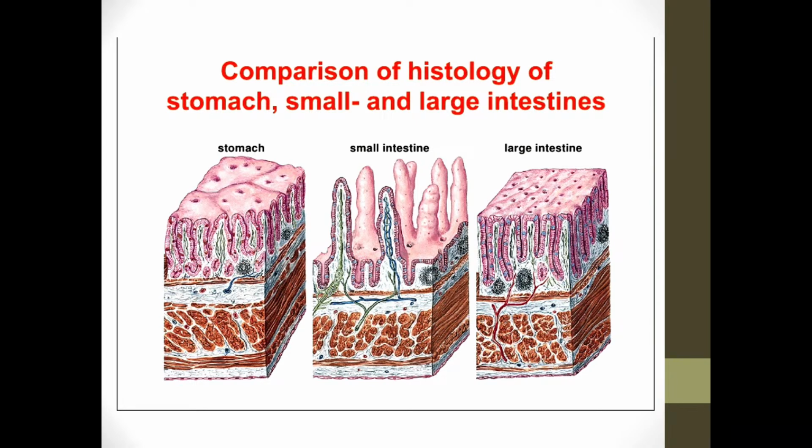What about the large intestine? No such special structure. If you compare the stomach glands, small intestine glands, and large intestine glands, the longer tubular glands are in the large intestine, and there are more darker stained parts.